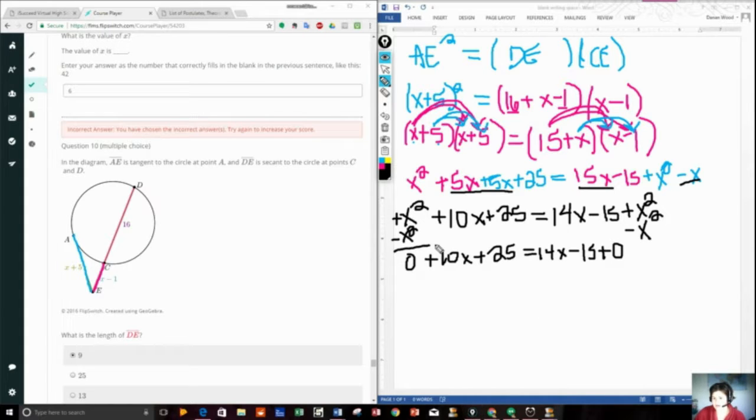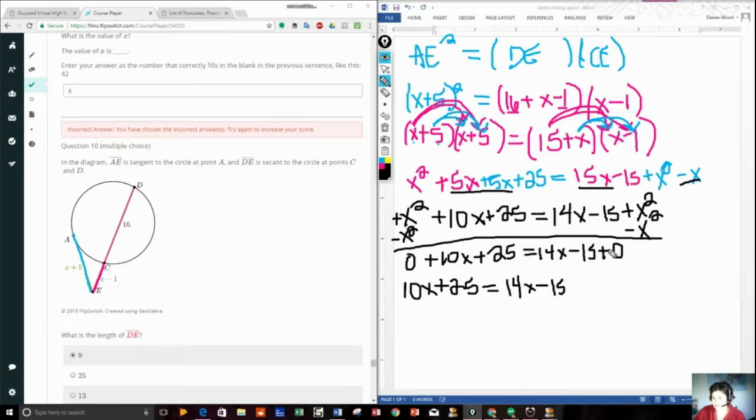So then we have 0 plus 10x plus 25. Well, 0 added to anything doesn't change its value, so we have 10x plus 25 is equal to 14x minus 15.